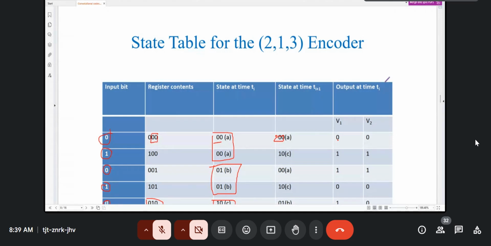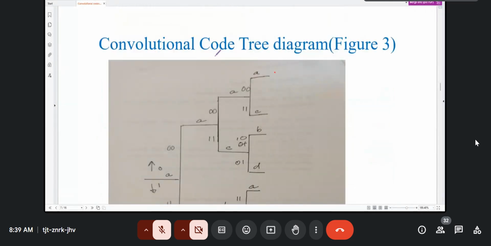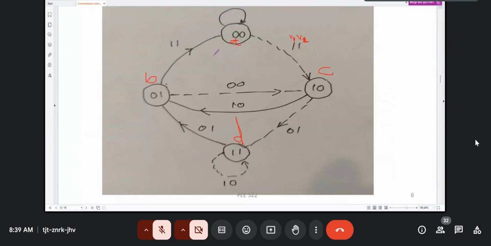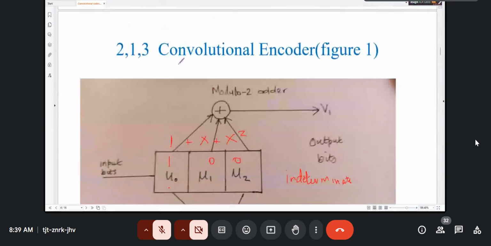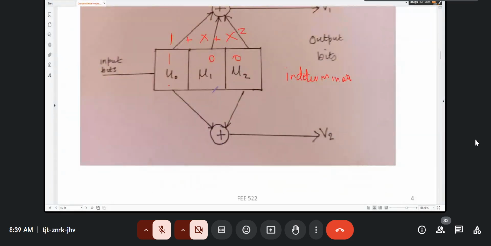Of course, this is because it's a 2 output, because it's a 1 by 2, one input bit with 2 output bits. You could have a 1 by 3, you could add another bit. So that one would just be adding this and this.